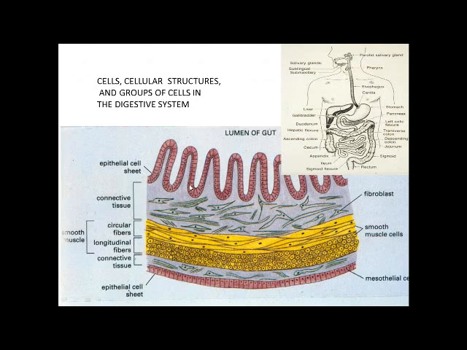That's what lines the gut, and that's what would be touching, interacting with the food that we eat. Also, at the other end of the gut, we have another epithelial sheath. These are mesothelial cells. Mesothelium as opposed to epithelium. Mesothelium comes from the mesoderm, epithelium comes from the ectoderm.